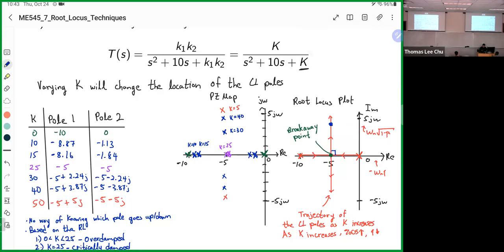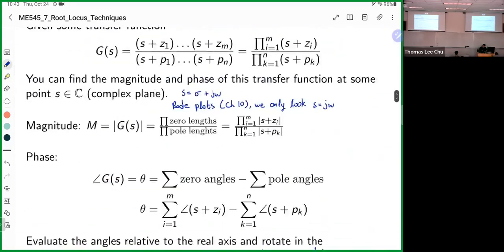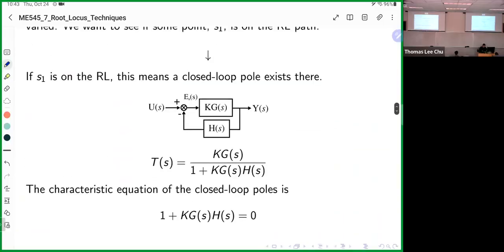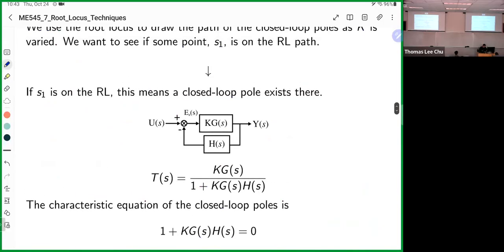We know that that closed loop pole falls on this point, but if it's here, it's not on the root locus anymore, meaning it's not feasible for us to reach that location on the pole zero map. It's not possible for the poles to reach that location, like right here. So that's actually what a PID controller does. It changes the shape of the root locus such that we can get to this point here. But for now, all we can do is check if that point is on the root locus path.